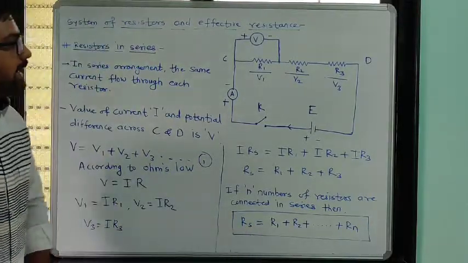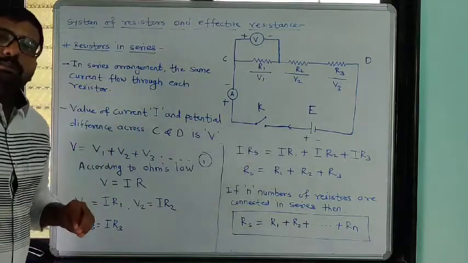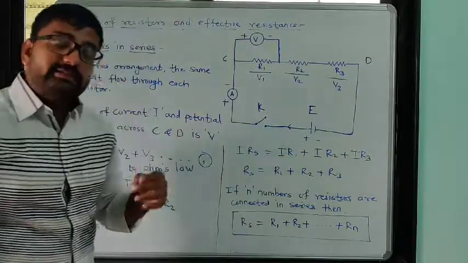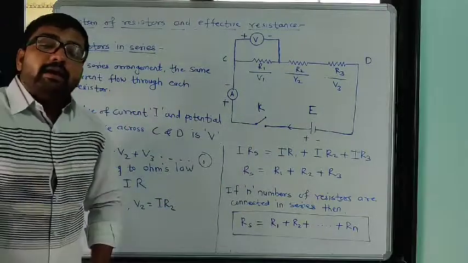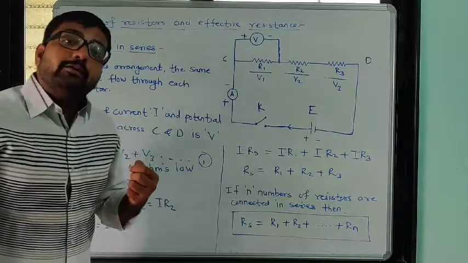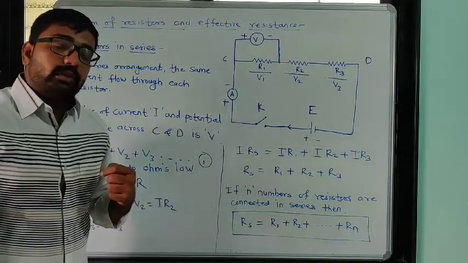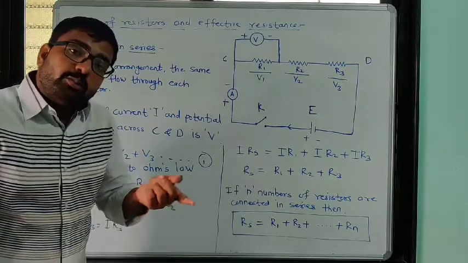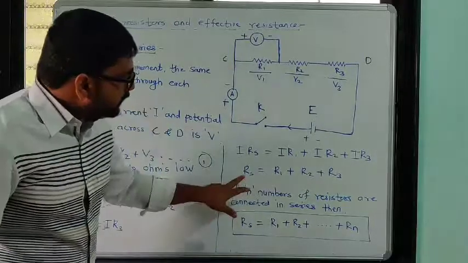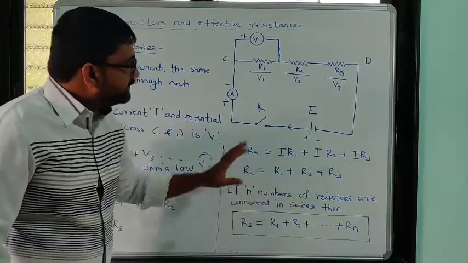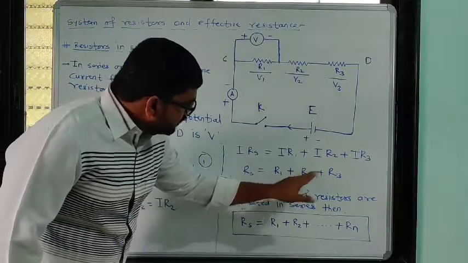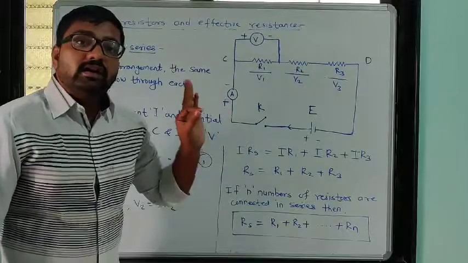So simply one thing you have to remember: when we connect all resistors in series, series means in one line, then their effective resistance is nothing but the addition of the values of every resistance. Suppose these three resistors are connected in series, then their equivalent resistance will be equal to the addition of the values of each resistor.